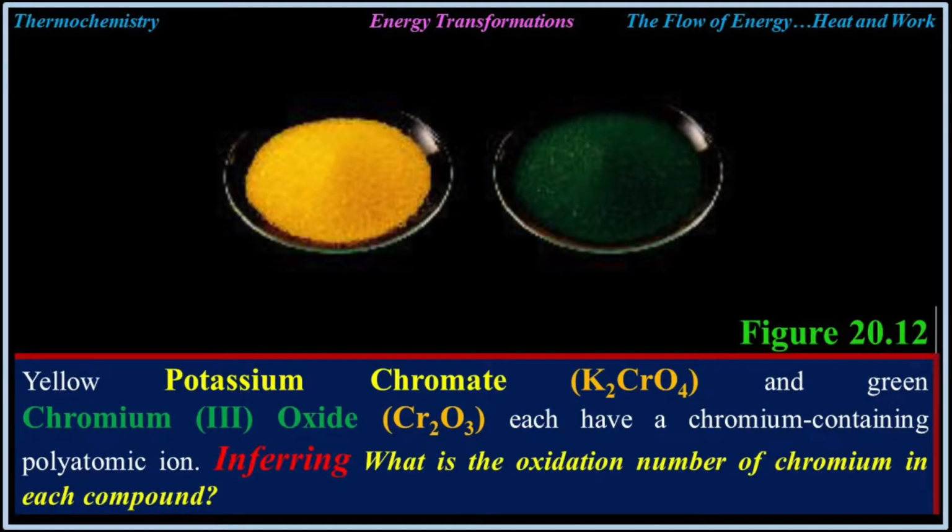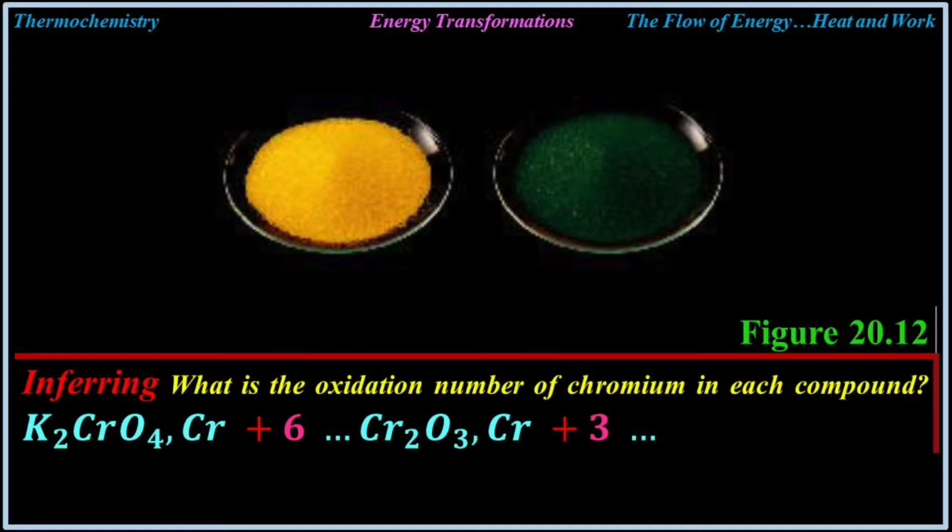Yellow potassium chromate and green chromium(III) oxide each have chromium. What is the oxidation number of chromium in each compound? Let's do a little quick math.